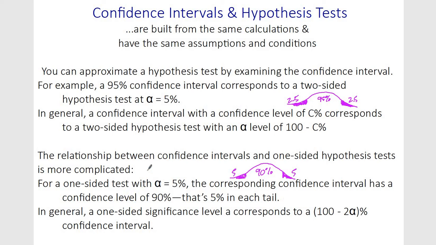And if we're doing a one-sided, we aren't looking at this one over here or this one over here, right? You're looking at either the left side or the right side. So you need all of that 5% to be over on the left side or the right side of your tail. Okay? So you need to watch that when you do a one-sided, you need to double your alpha.